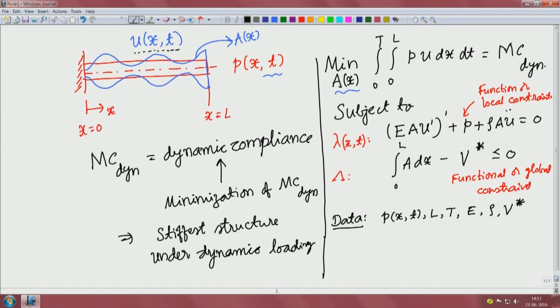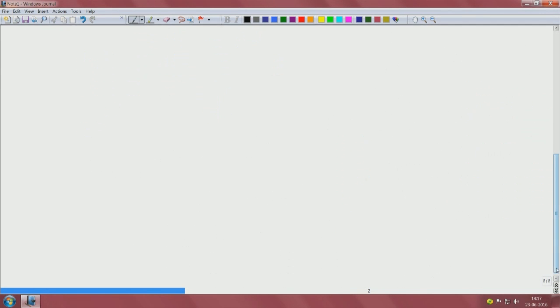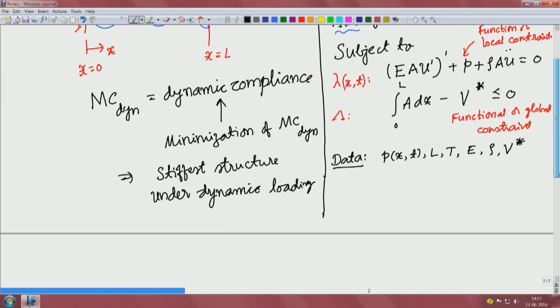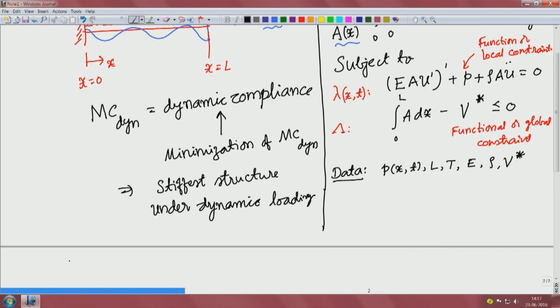Now, how do we solve the problem? The first step, as always, is to write the Lagrangian. Looking at the problem, let me write the Lagrangian.